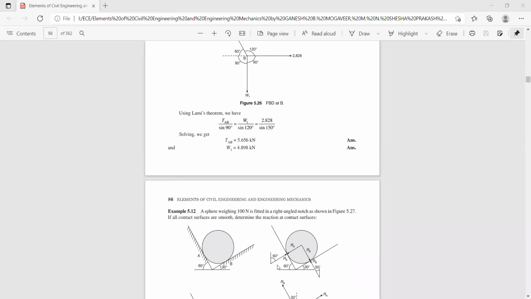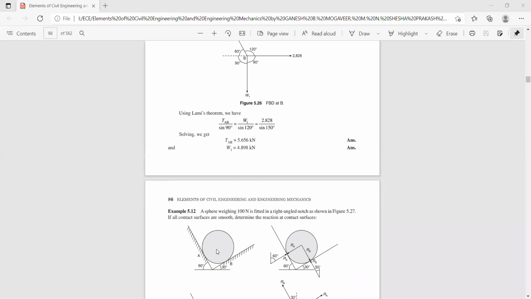This is the reaction force RA acting at point A, and this is the reaction force at point B. Now we have to find the magnitude of these reaction forces, that is RA and RB.